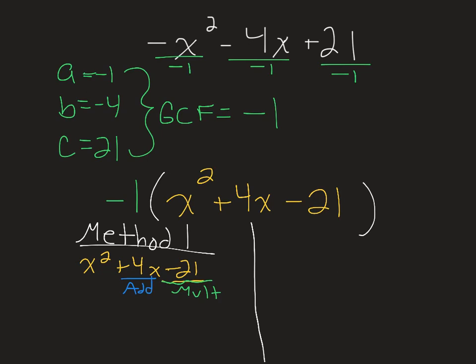Hopefully we know that 7 times 3 is 21. One of those numbers needs to be negative in order to make it a negative 21. So when we factor this up, I know that 7 and 3 give me 21. In order to add up to a positive 4, I need this 7 to be positive. And again, if you're still stuck with that, go back and rewatch the video from Monday or Tuesday.